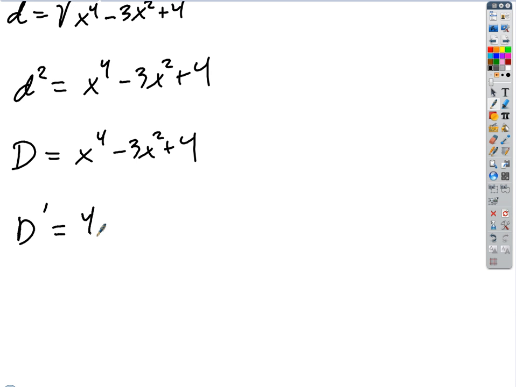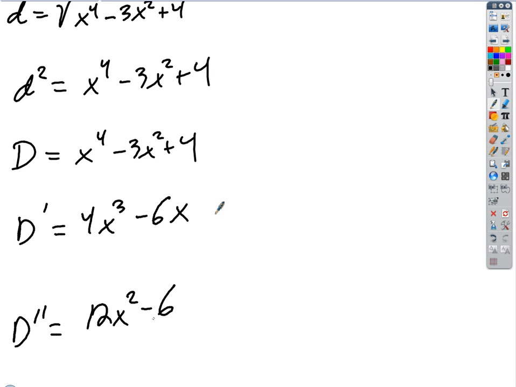If I differentiate, I'm just going to get my 4x cubed minus 6x. If I do a second derivative, I just get 12x squared minus 6. Okay, so I could factor that. I could take out a 2, leaving me with 2x squared minus 3. Is that right? Yeah? Okay.